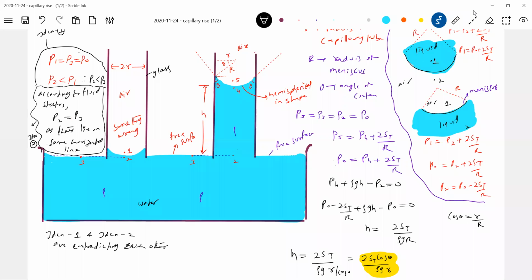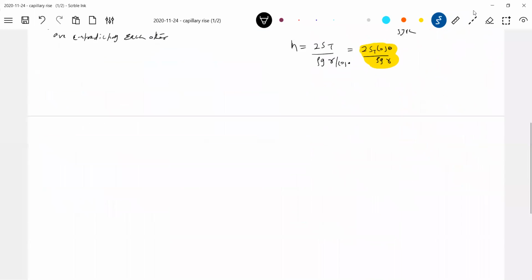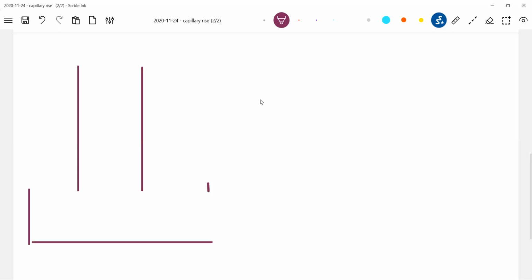Okay, we can also think of this in another way. It's the same discussion, but we'll take it another way. Suppose the capillary tube, a little bit bigger diagram, is immersed in a liquid. In books they don't show the container, it's not needed.